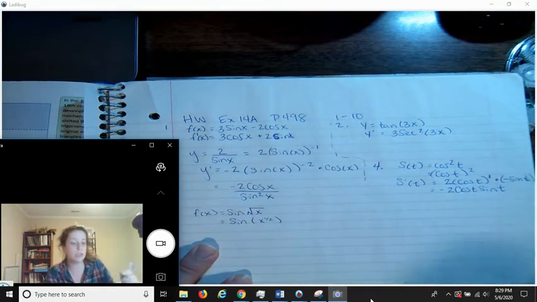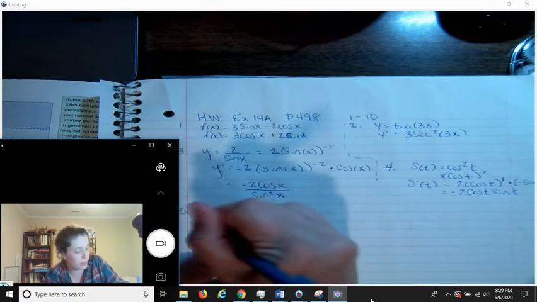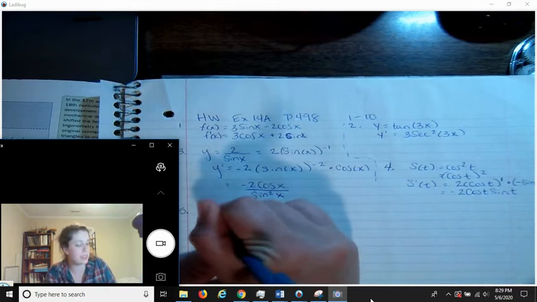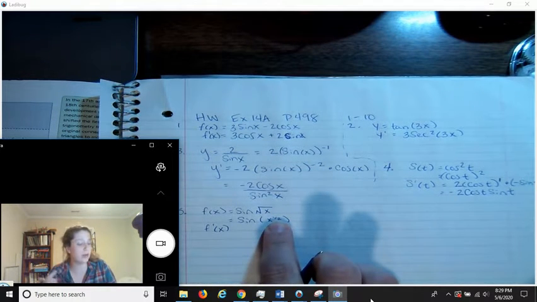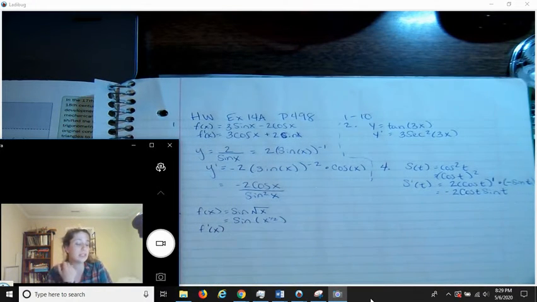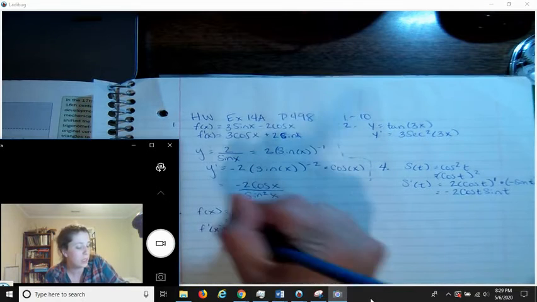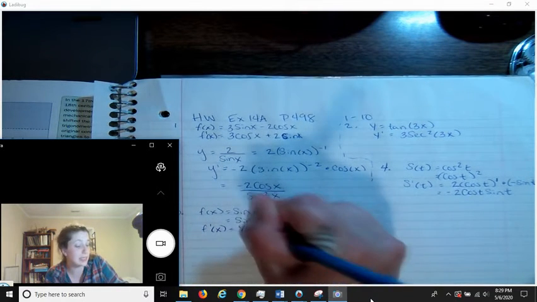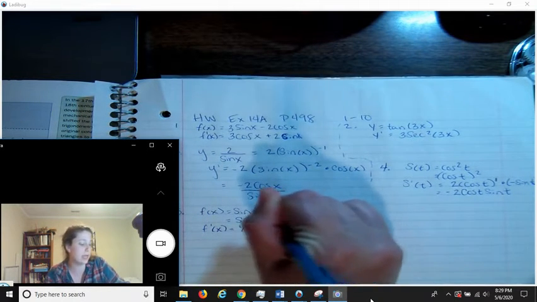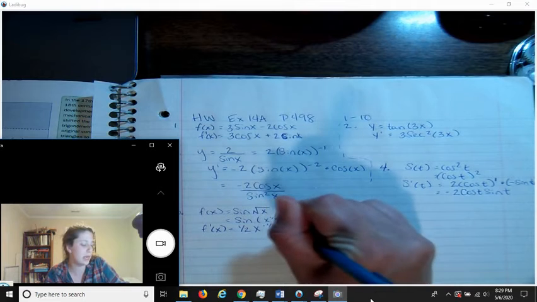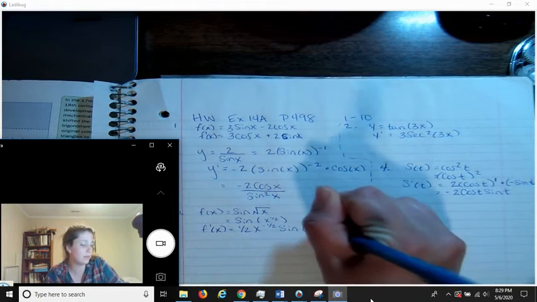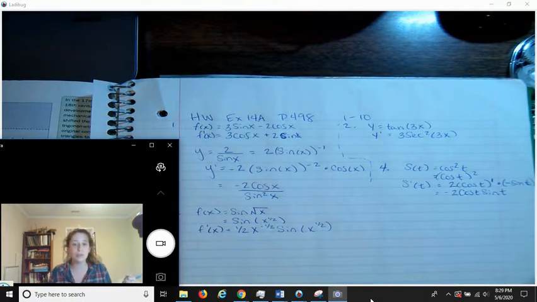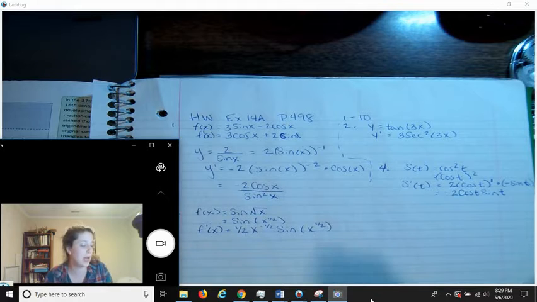So when I'm taking the derivative, first I want to put the derivative of the inside function out front. So the derivative of x to the 1/2 is 1/2 x to the negative 1/2. Then I'm multiplying by sine of x to the 1/2. Then I also have to multiply by, wait, hold on, did I do this right?